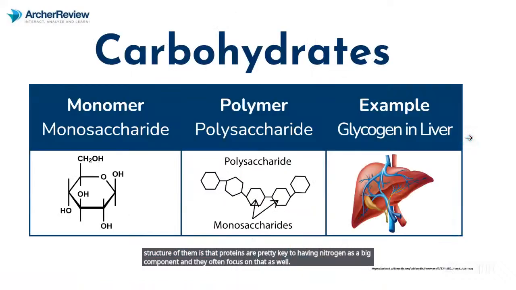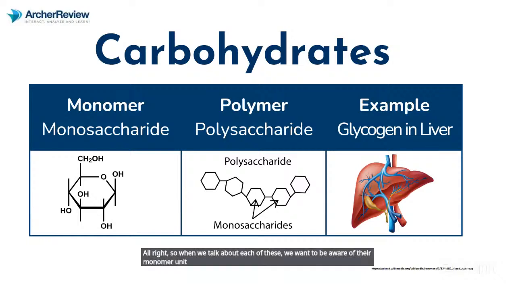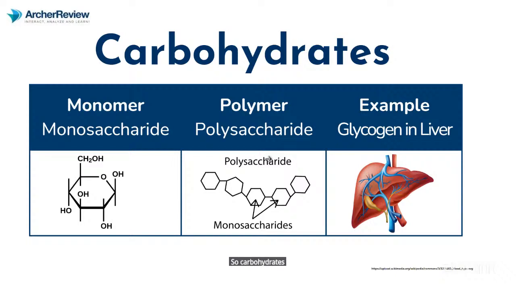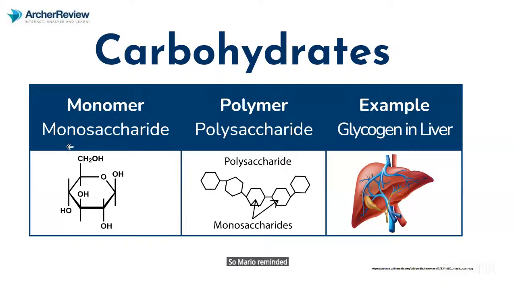All right, so when we talk about each of these, we want to be aware of their monomer unit, their polymer unit, and then just some examples of them. So carbohydrates' monomer is the monosaccharide. And again, let that prefix help you. We know mono means one, like Mari reminded us macro means large.